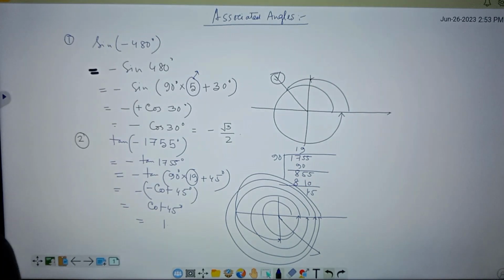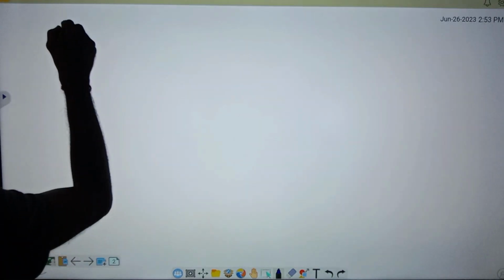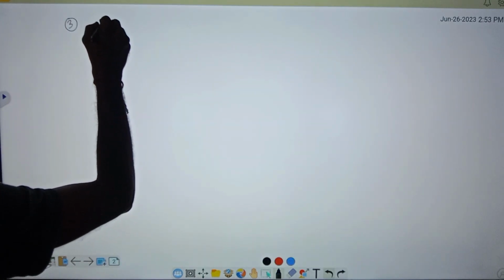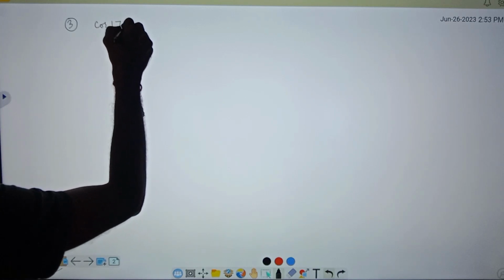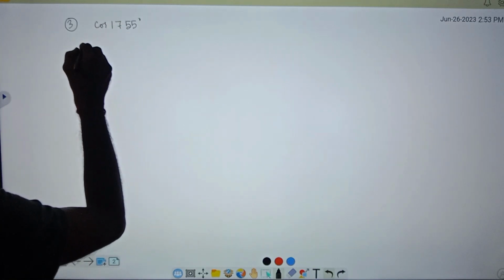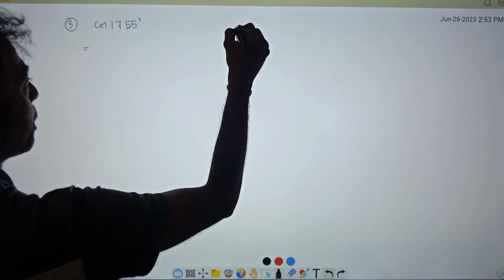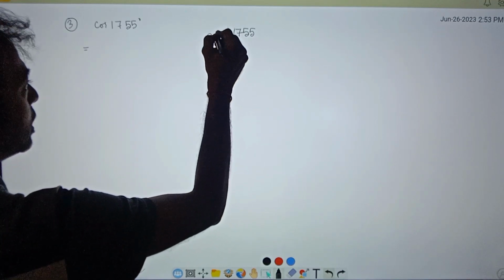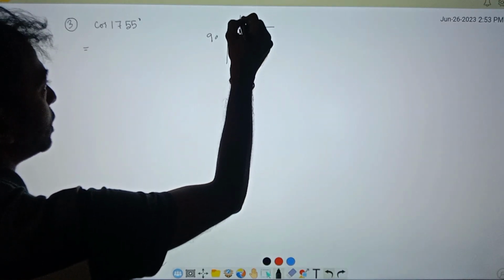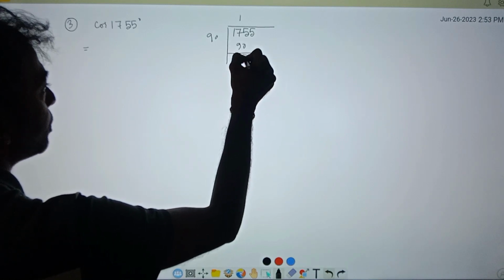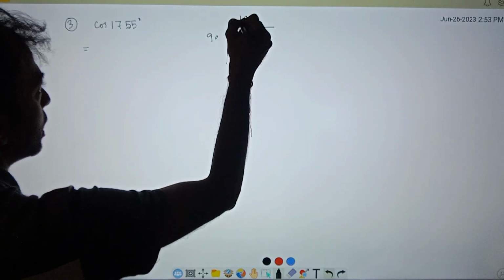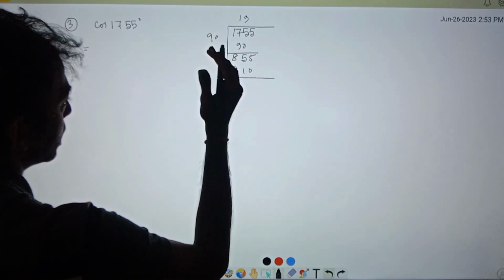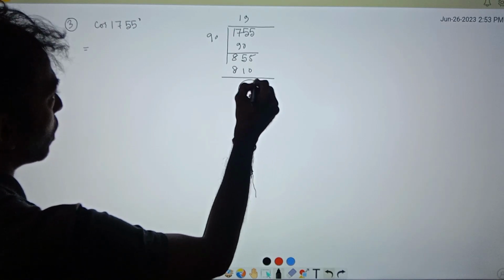After that, we'll move on to the next problem. Problem number 3 is cos 1755 degree. We divide it by 90, and the result is the same, 810, and the remainder will be 45 degree.